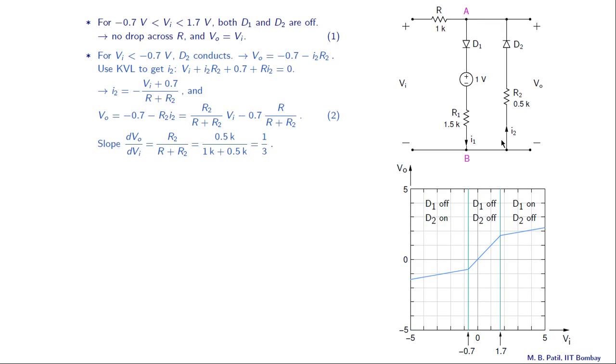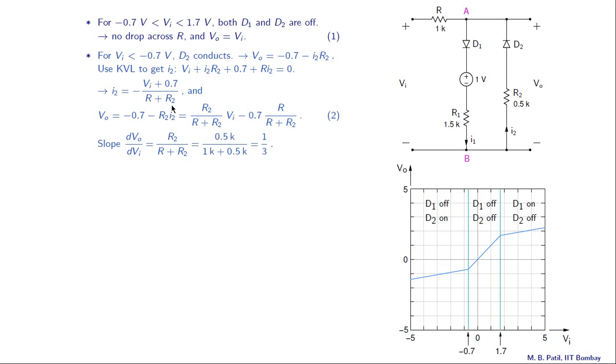Then we come across a voltage drop of I2 R2, then a voltage drop of 0.7, and then a voltage drop of R times I2. And these voltage drops must add up to 0, and that is this equation here. Now from this equation we can obtain I2. I2 turns out to be (minus Vi plus 0.7) divided by (R plus R2).